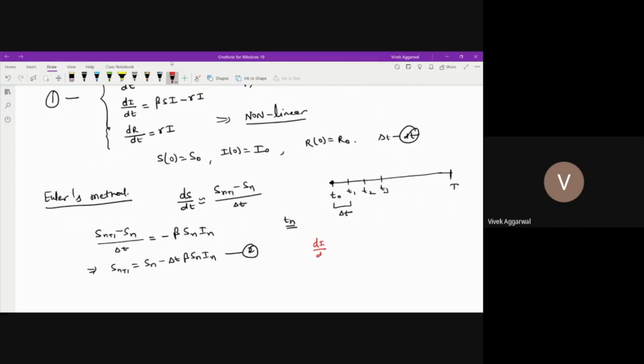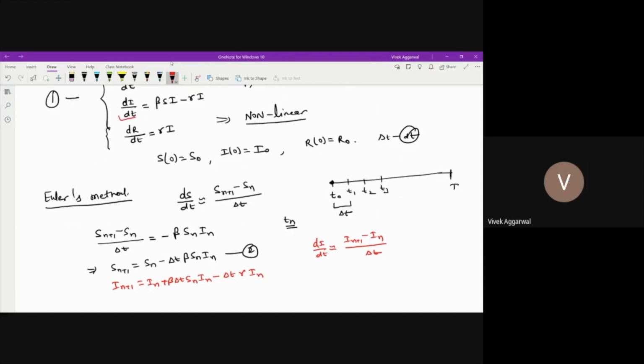This is approximated as (In plus 1 minus In) by delta T. From here, if you substitute, I will get another equation in I, that is In plus 1 equal to In plus beta delta T Sn In minus delta T gamma In.